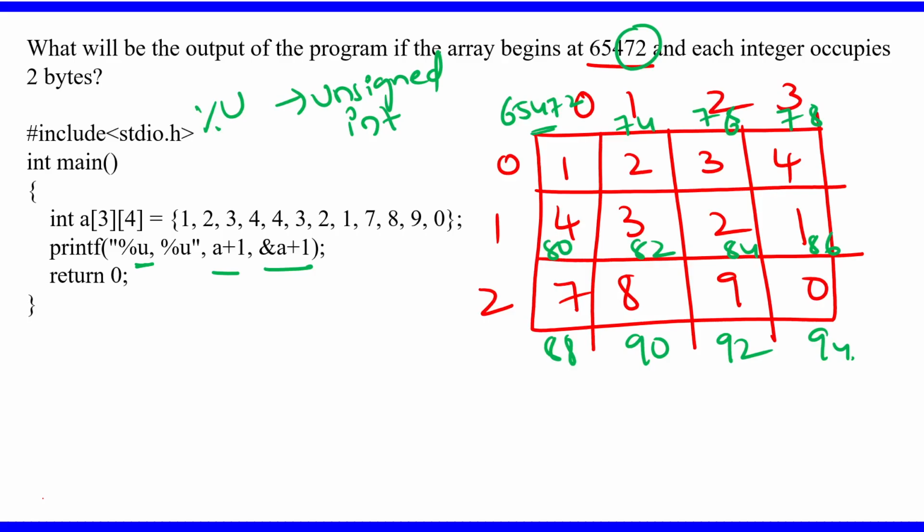A plus 1 means what? A is the name of the array. So what will it print when I say a plus 1? The addresses are 65472, 74, 78, 76, like that.